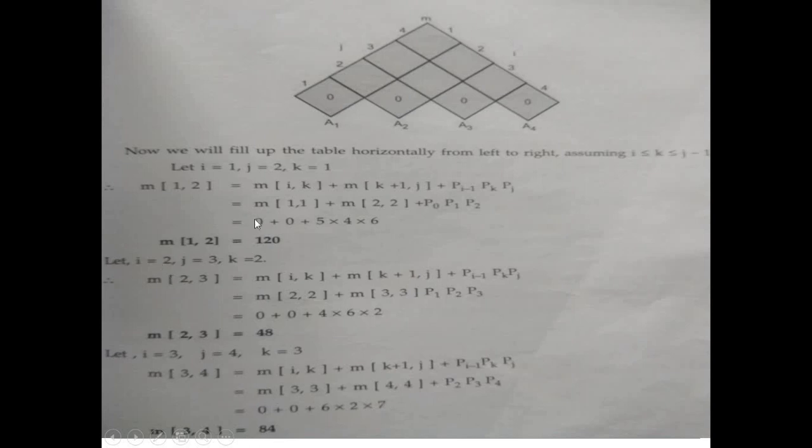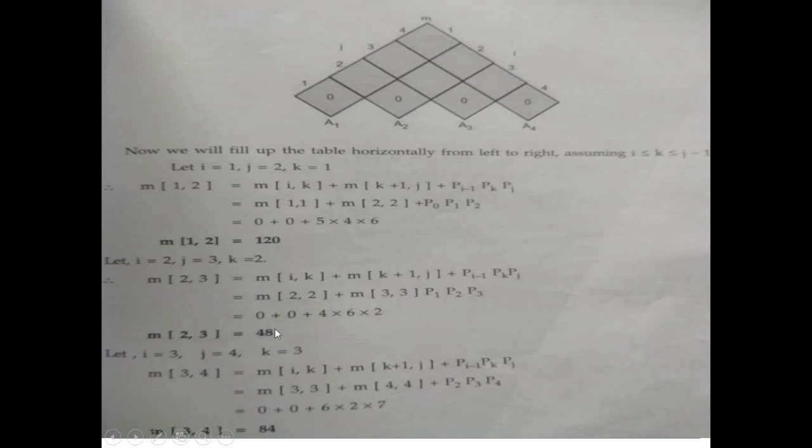Okay, so we will put all these numbers into this format. If we find 1 to 2, we will put it into this place. If we find 2 to 3, then we will put it here. If we find 3 to 4, then we will put it here.